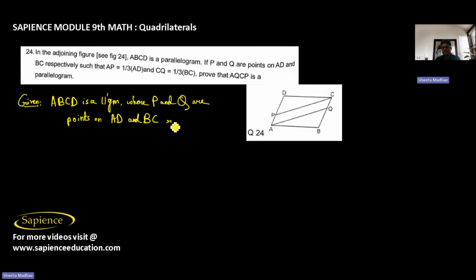It is given that ABCD is a parallelogram, where P and Q are points on sides AD and BC respectively, such that AP equals 1/3 of AD and CQ equals 1/3 of BC.